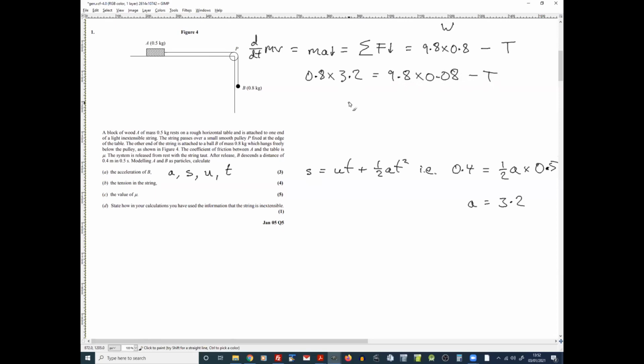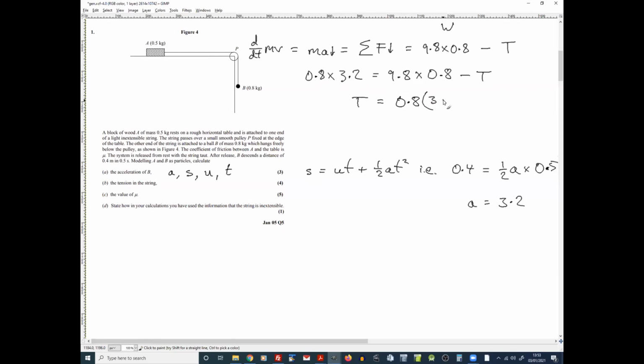So t equals, if we make t the subject here, we've got 0.8 times, might as well take it out as a factor, mightn't we?